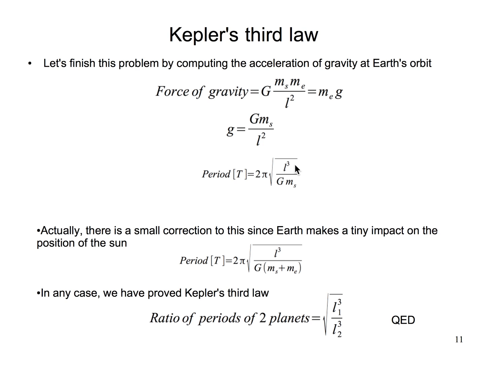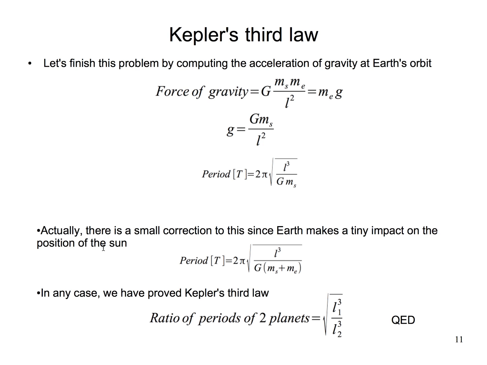And that's exactly what Kepler said, that the period is proportional to the square root of the cube of the size of the orbit. And our dimensional analysis gave us this business. Kepler didn't know about this, that G times the mass of the sun is the proportionality.